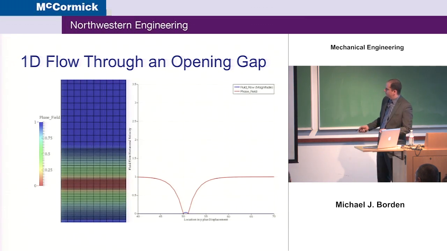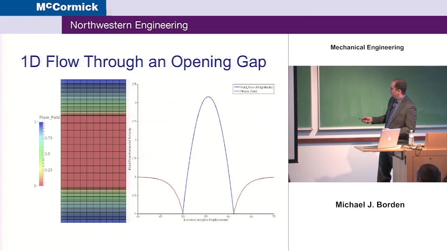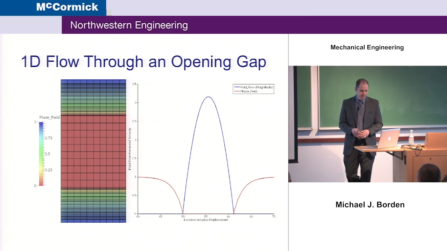So here's just another picture. This is the mesh again, and you see as that crack opens, we get an increase in the fluid flow profile. Here's the phase field in the red. There's actually a non-zero flow here in the Darcy flow away from the crack, which is very small so you can't see it, and it transitions into a Stokes flow inside the crack.